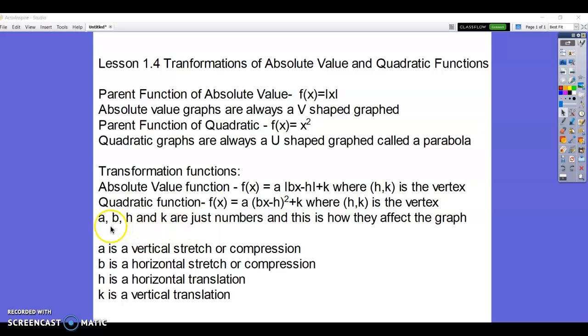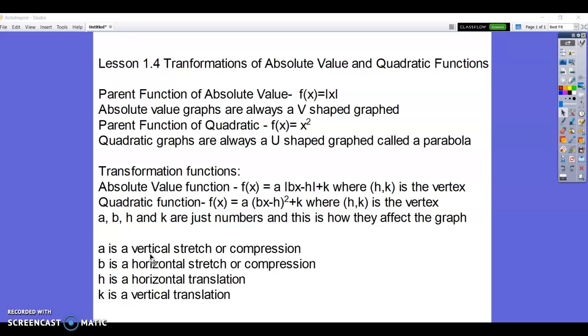So when we look at transformations, a, b, h, and k are just numbers, okay? And these numbers are going to tell us how this affects the parent graph, which we started with. So a, whatever number is in this equation for a, is going to cause a vertical stretch or compression.